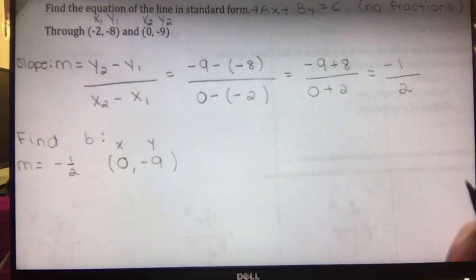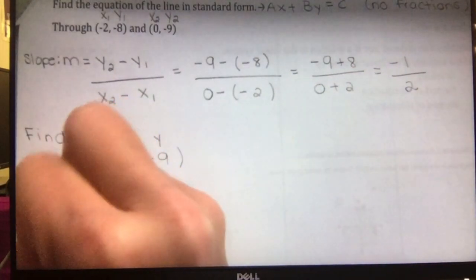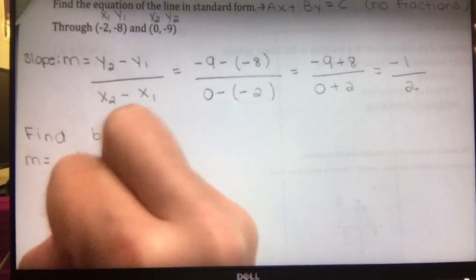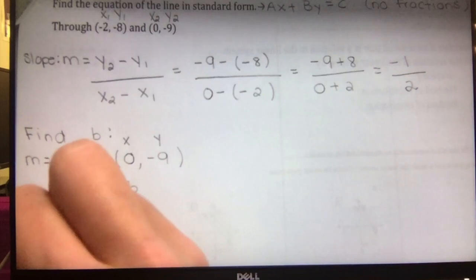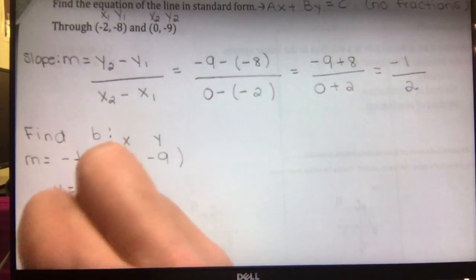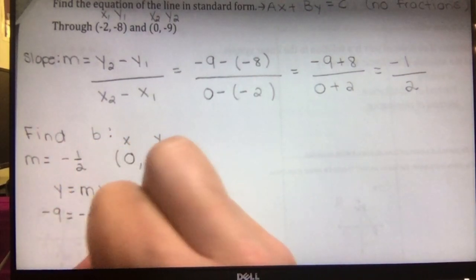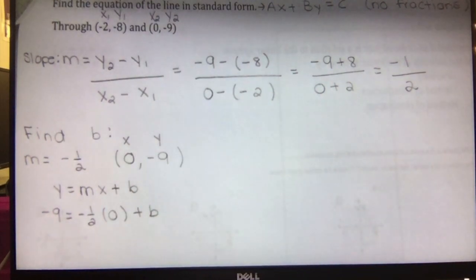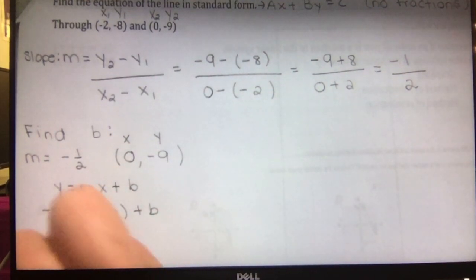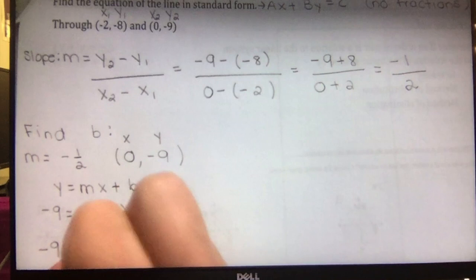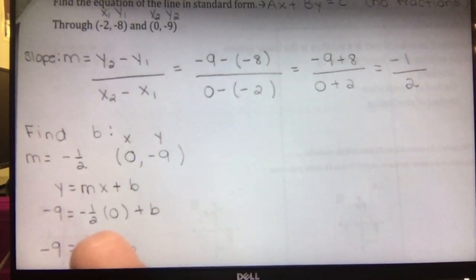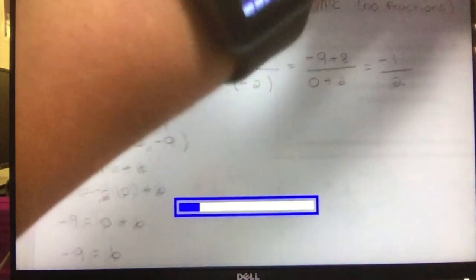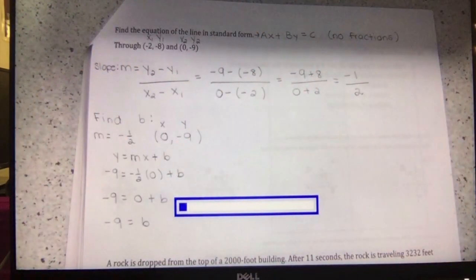I plug this into y equals mx plus b to solve for b. Negative 9 equals negative 1/2 times 0 plus b. Negative 1/2 times 0 is 0, and 0 plus b is still b. So negative 9 is our b value.